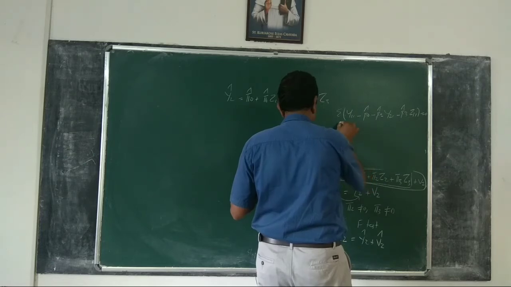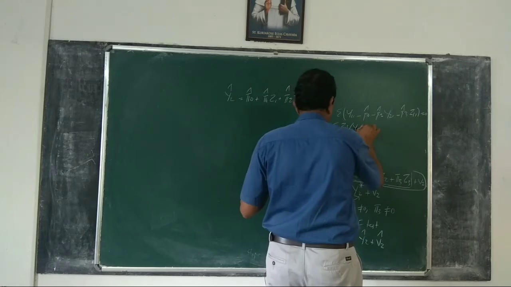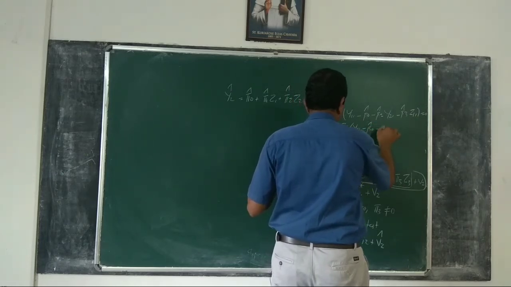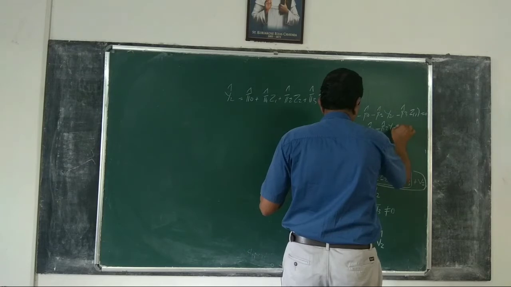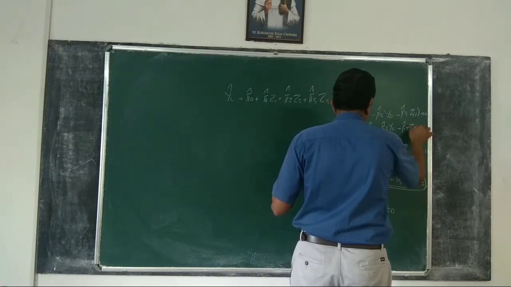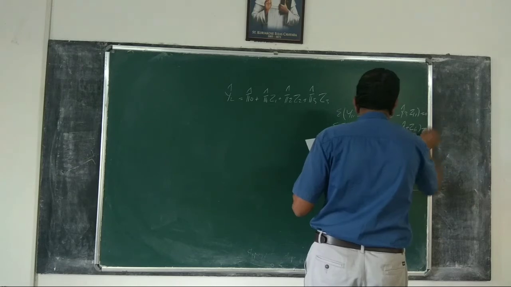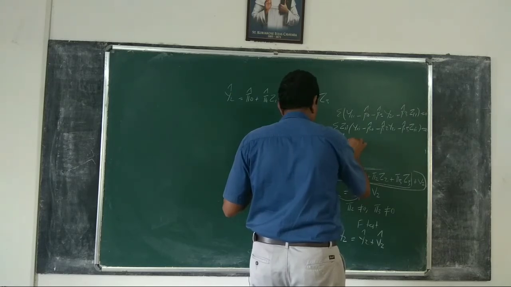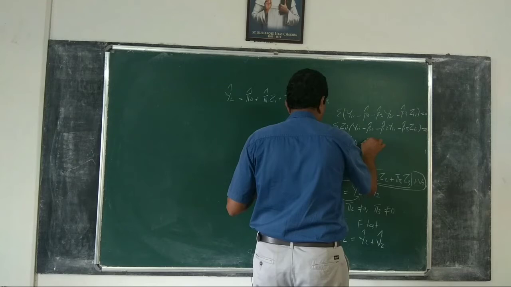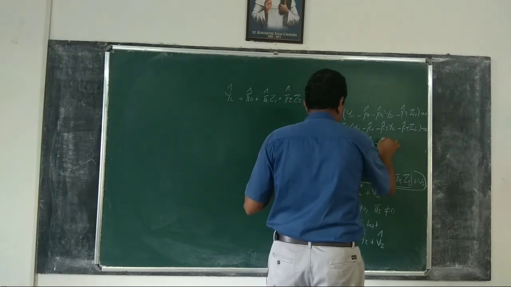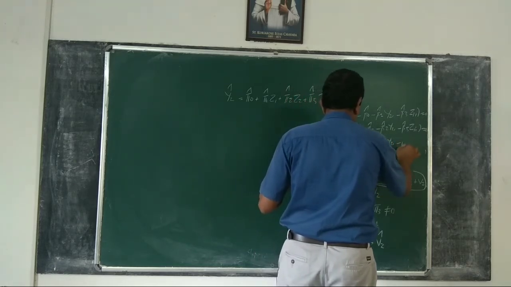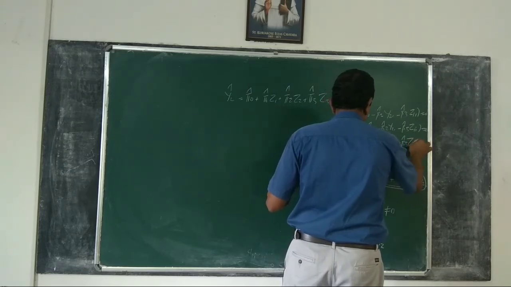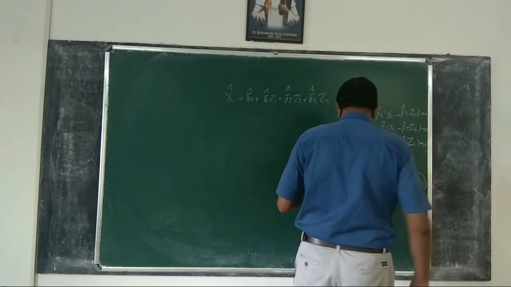Then sigma z1i times y1i minus beta hat 0 minus beta hat 2 y2i minus beta hat 3 z1i is equal to 0. Sigma y hat 2i into y1i minus beta hat 0 minus beta hat 2 y2i minus beta hat 3 z1i is equal to 0.